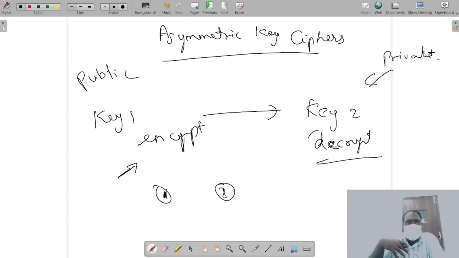Similarly, if I want to send a message to someone, I will use their public key. Remember that once we encrypt, even the public key cannot decrypt the message without the private key. All right, so this is how asymmetric encryption works.